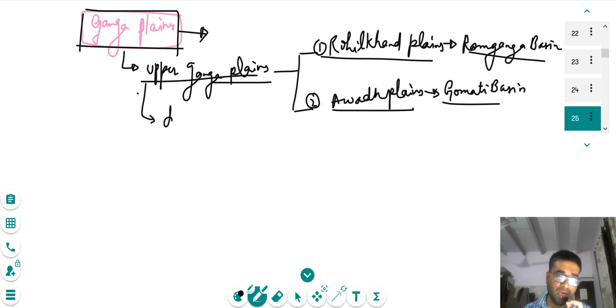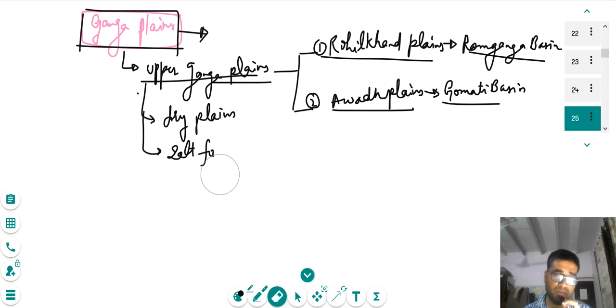Upper Ganga Plains are dry plains, just like Punjab Plains. They are dry plains, and they also have salt formations, not salt formation exactly, but salt concretions have formed here.